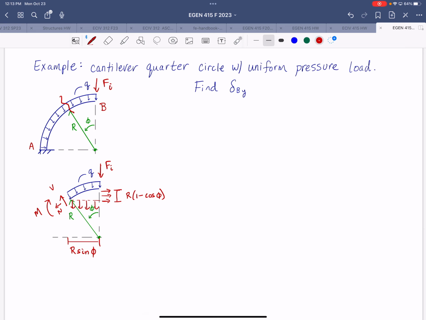So having broken that down, we sum moments about the cut. So we get 0 is equal to the moment distribution, or this is m of x, to be clear, plus, or actually this is going to be in terms of phi, not x. So m of phi.